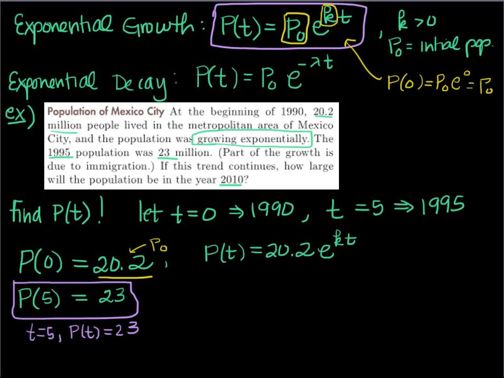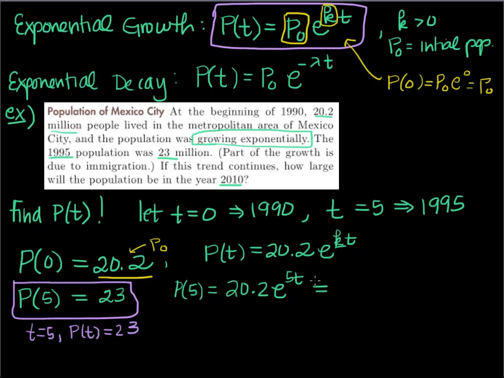Again, I care about what my population is going to be in 2010, but before I can even get there, I have to find this k. So P of 5 is the same as saying 20.2 e to the k times 5.